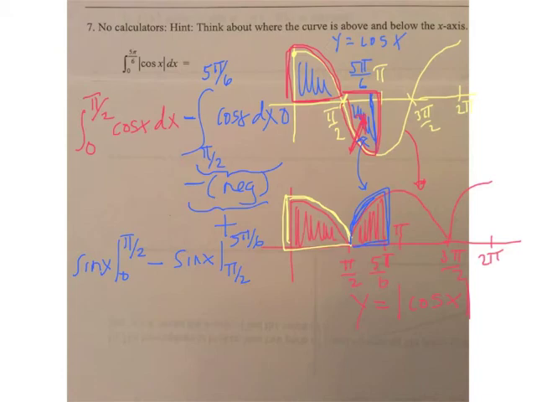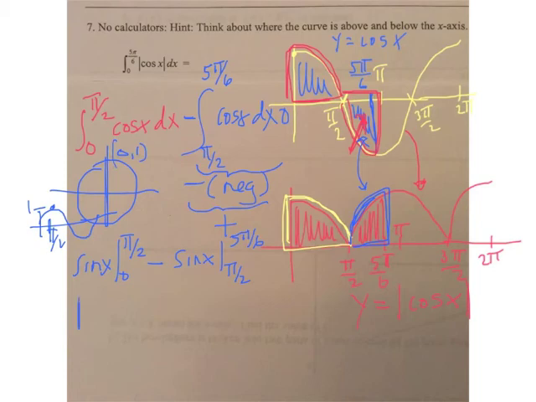The sine of pi over 2, well, the sine curve at pi over 2 is 1, or if you need to think about it on the unit circle, pi over 2 is at 90 degrees. That's the coordinate (0, 1). So the sine at pi over 2 is 1. The sine at 0 is 0. Sine is the y value on the unit circle.